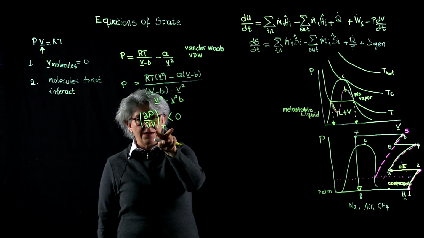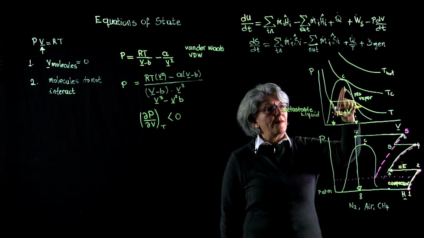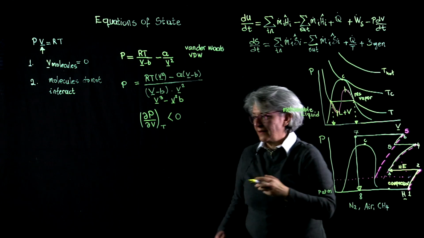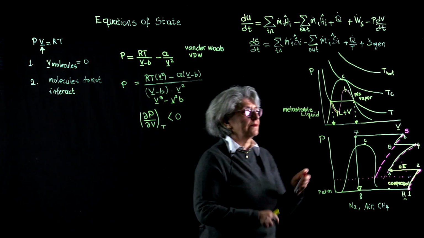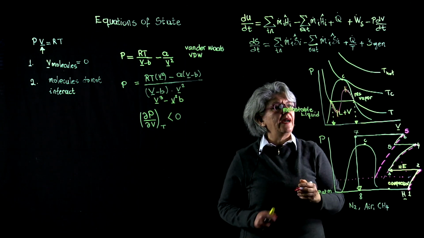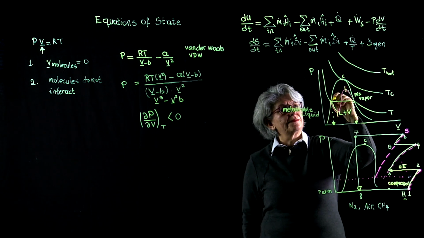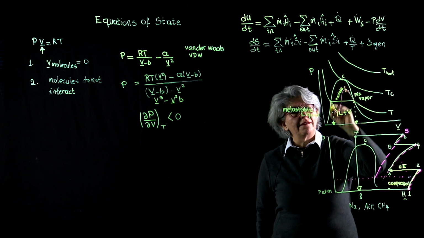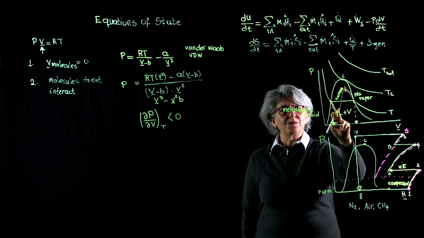So in the domains that I have labeled as metastable liquid, this condition is valid. But in between the domains that I marked with red, I have an unstable fluid where increasing pressure increases volume.